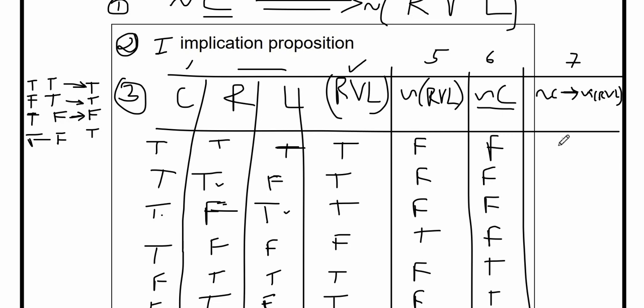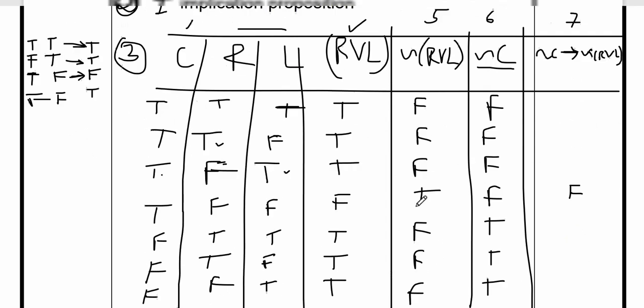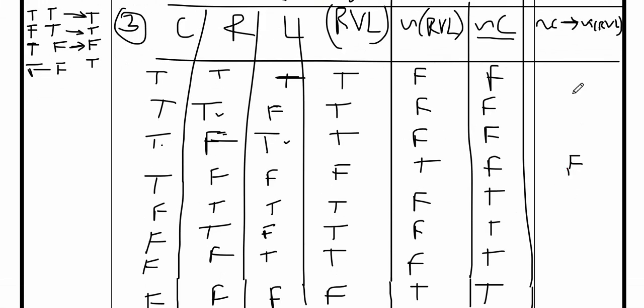Implication. Alright. So what we have to do is detect where the first is T and the second is F. Then it will become false. So TF means this is false. Do we see any other TF? No. So only one is false, and the rest are all true. If both are false, it is true.